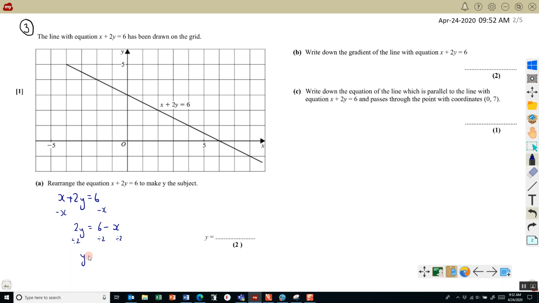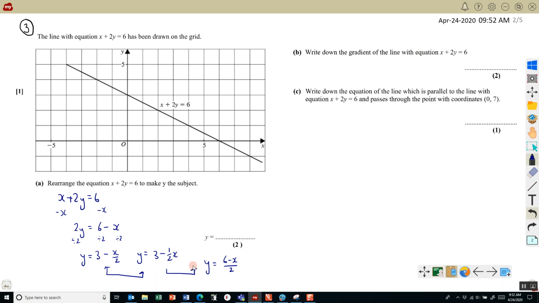So I end up with y is equal to 6 divided by 2 is 3, and subtract x divided by 2. And that is exactly the same as 3 minus 1 half x. And it's also exactly the same thing as 6 minus x, all divided by 2. Any of these are acceptable answers.